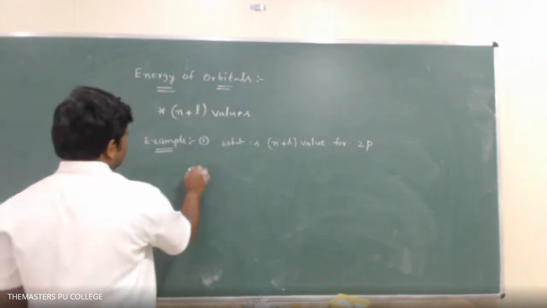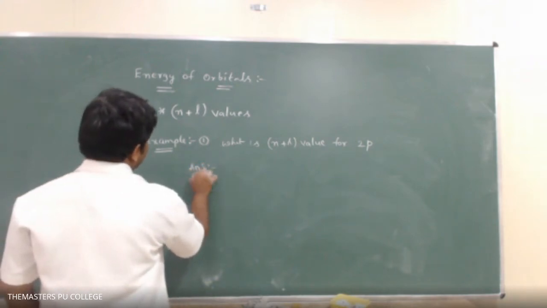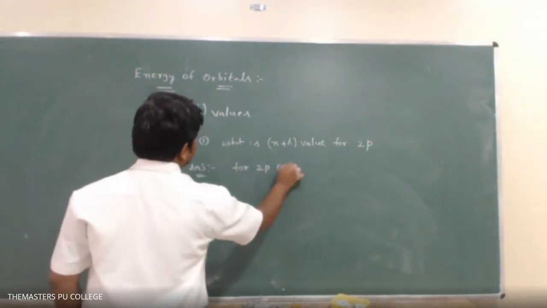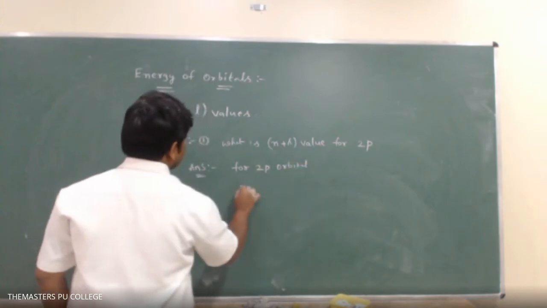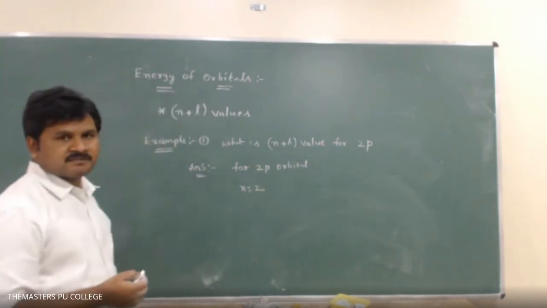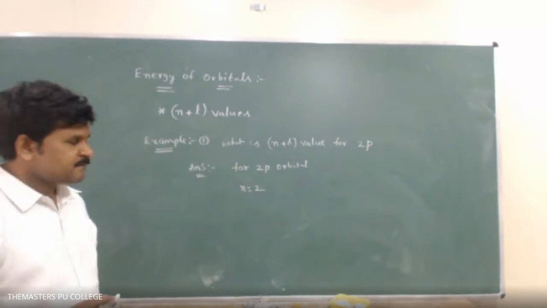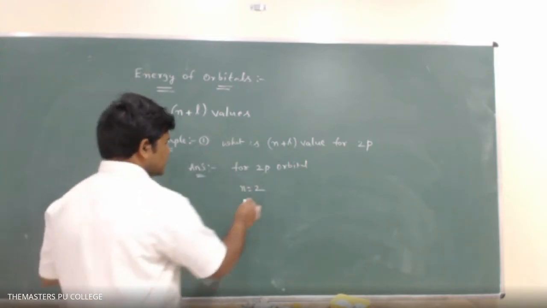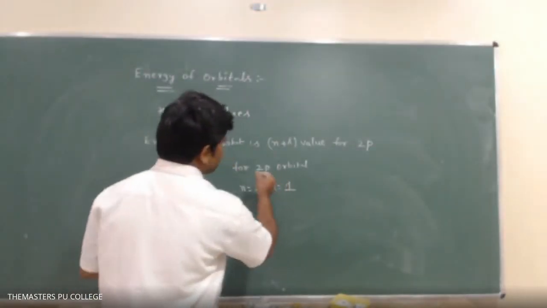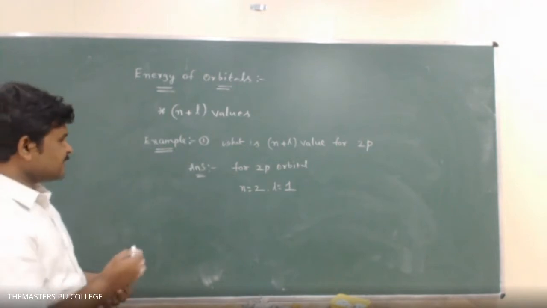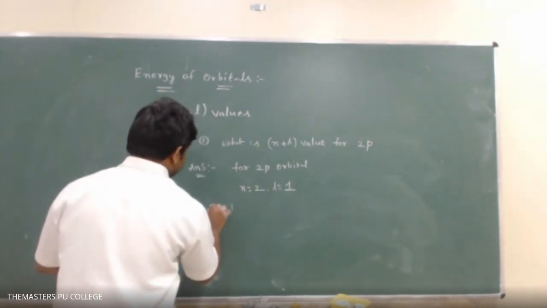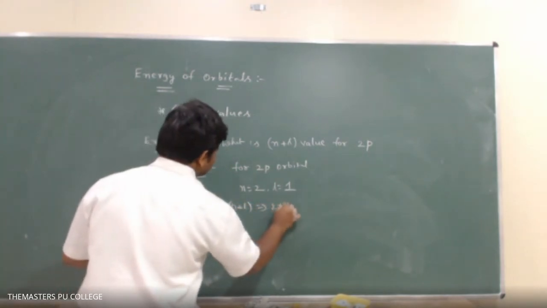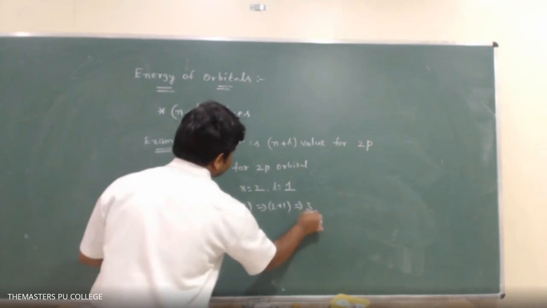Answer. So for 2p orbital, n is equal to 2. What is the number before the orbital? That is the n value. L is equal to 1 for p orbital, that you know. Therefore, n plus L is equal to 2 plus 1, that is equal to 3.